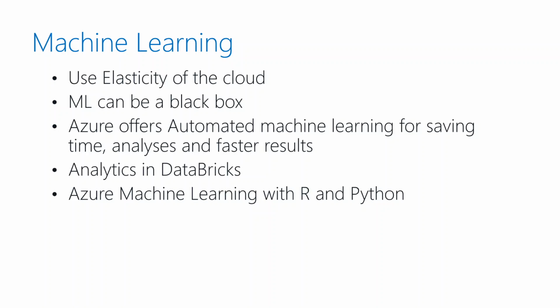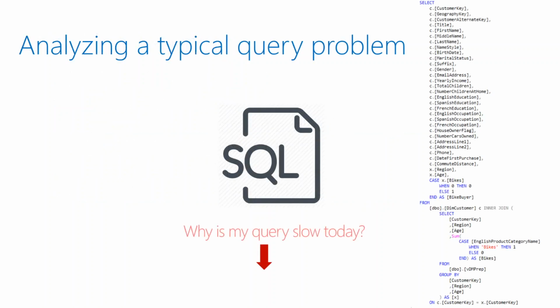And you can start using machine learning to do the elasticity as we know in the cloud. You can start using machine learning as a black box. Azure offers automated machine learning, especially for saving time, doing analysis and faster checks. You can also use Databricks, and you can also use SQL Server machine learning with R and Python.